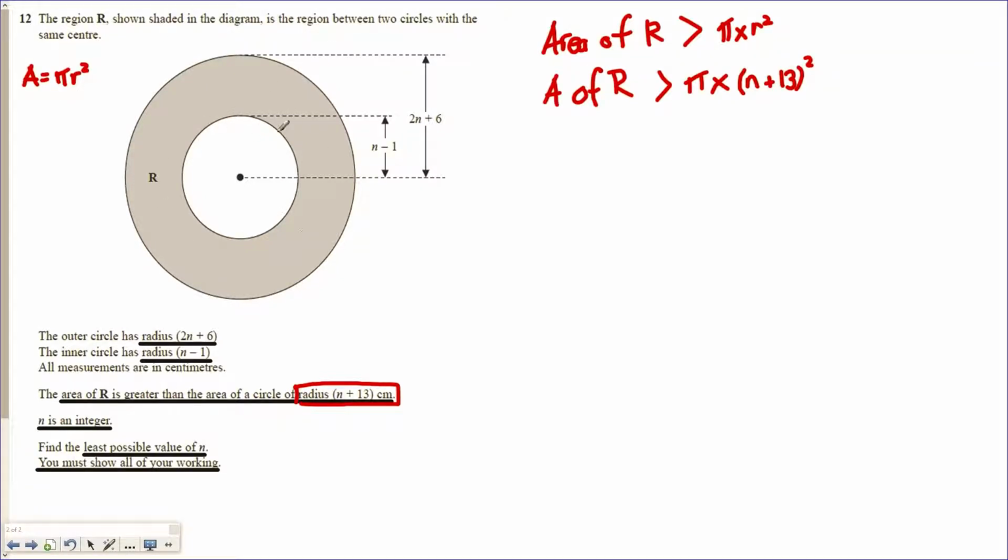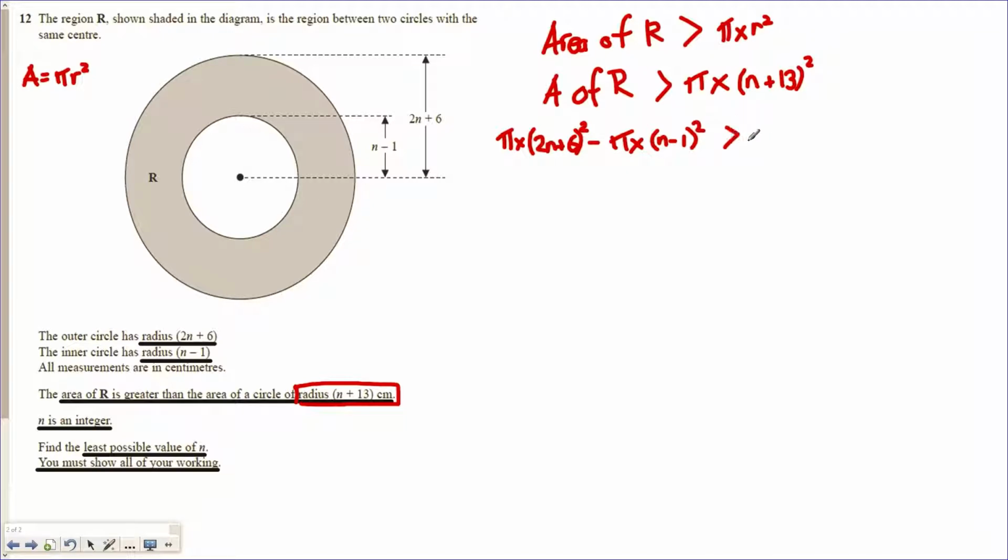Once I've found these two areas, if I subtract them, it will give me the area of R. So the area of the largest circle is pi times 2n plus 1 squared, subtract the area of this white circle, whose radius is n minus 1, so subtract pi times n minus 1 squared.